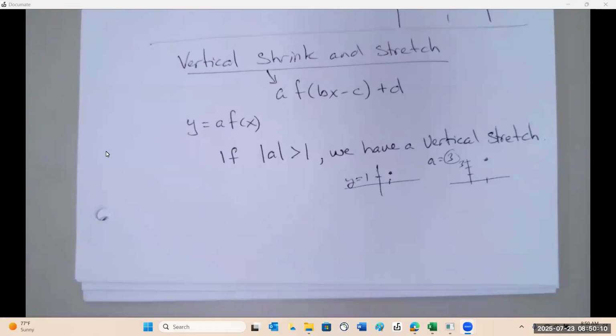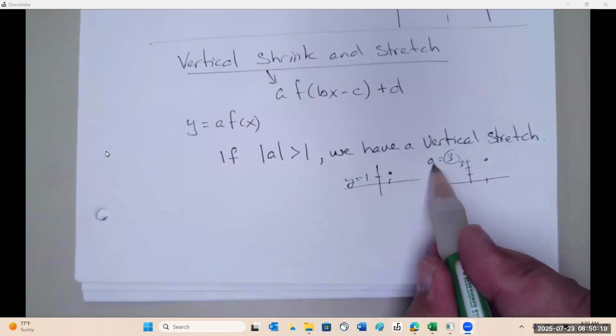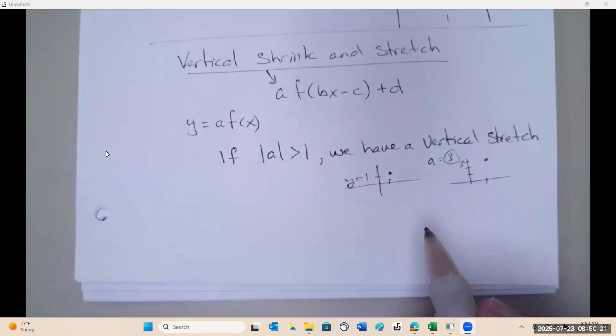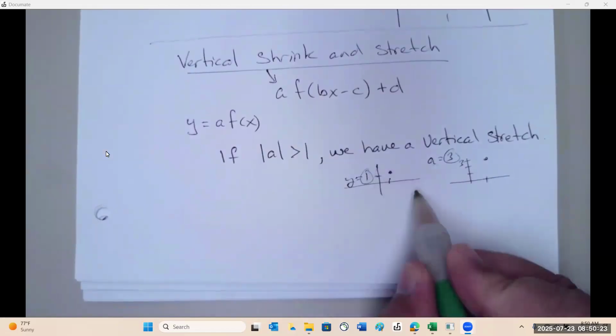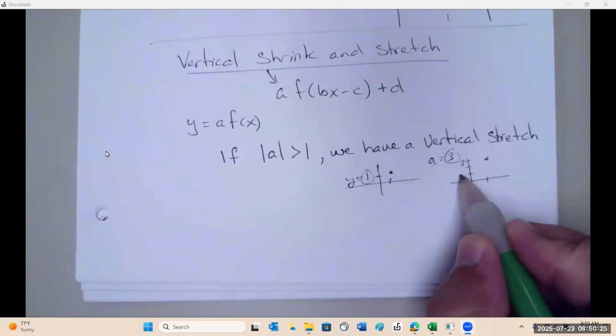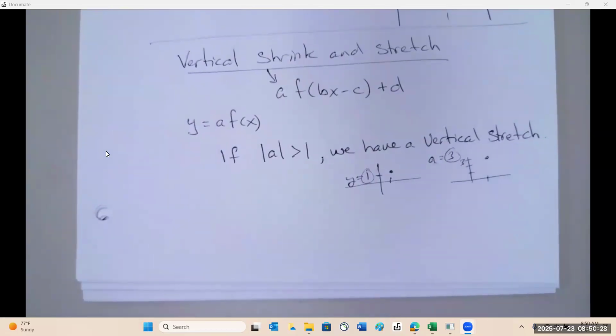It's up here now. So it goes up vertically. So if my coefficient was 3, I take whatever y value I have and multiply it by 3. So 1 times 3 is 3. That's my new shift.